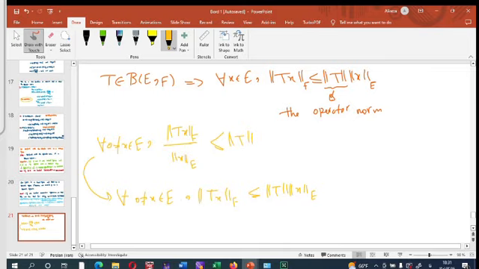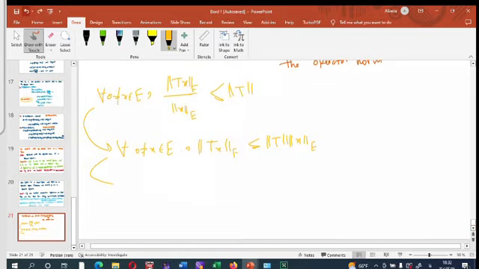And so we have this for any x in E. Because this holds for 0, and this holds for any non-zero element, so it holds for any element in E. Okay?